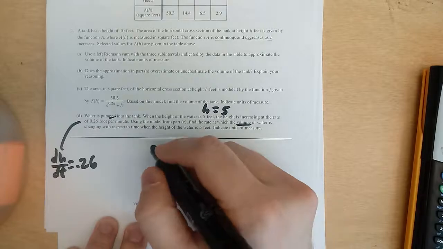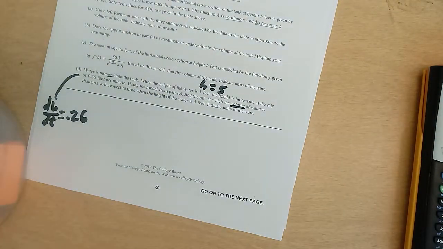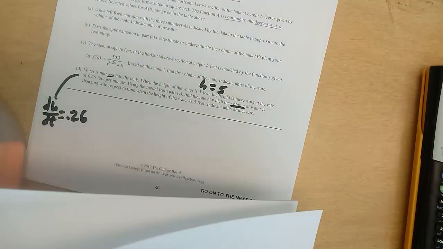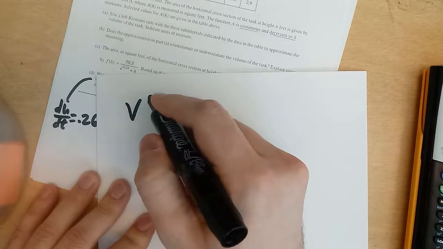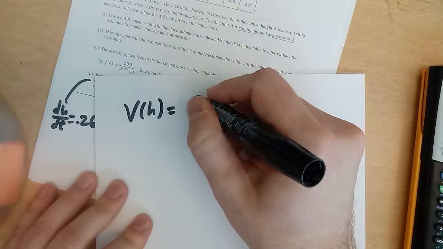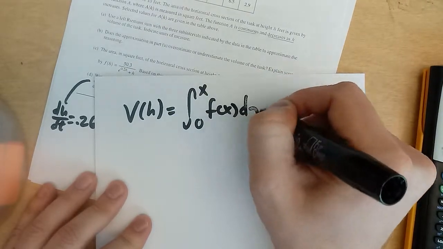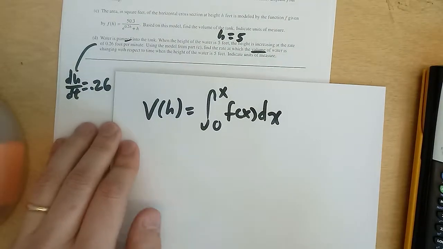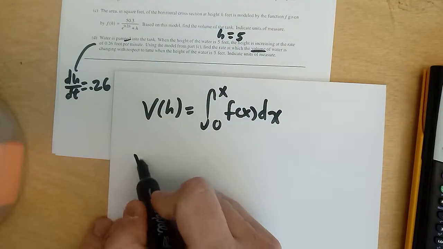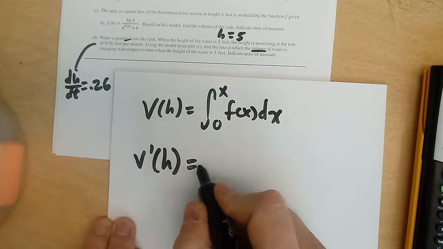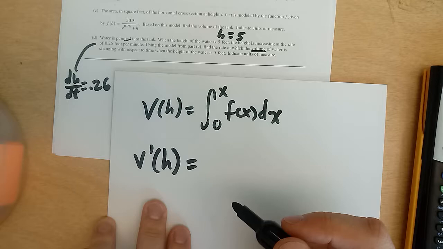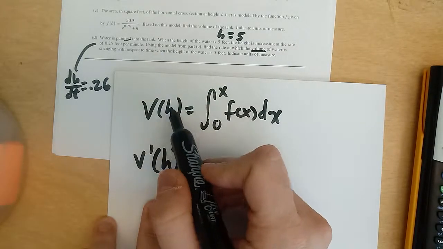So if I know that volume of h is equal to the integral from 0 to h of f of x dx, I know the volume is equal to the integral. So if I want the rate of change of the volume, I'm looking for the derivative of volume.